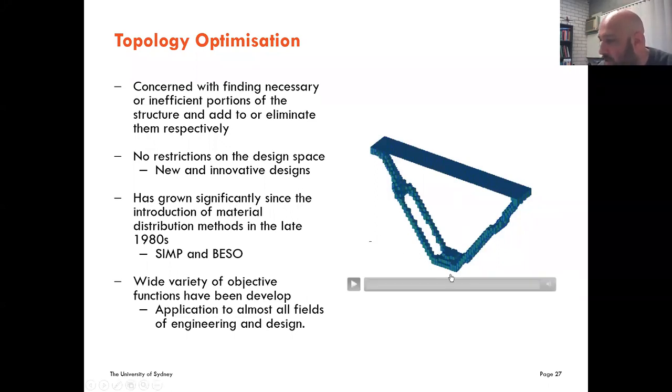In this case, there is a load pulling down on the structure, and there is also a compressive load on the top element there. And so this is the minimum structure to be able to take that particular load without breaking.